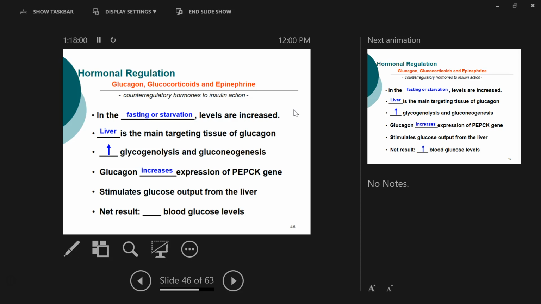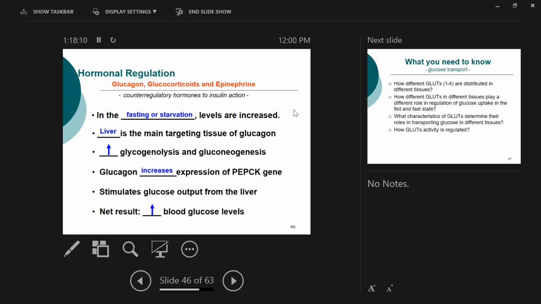Okay? So the net result in terms of blood glucose level when glucagon action is increased is to raise the blood glucose level, right? So now we have an answer, right? Why and how does our body raise the blood glucose level during fasting and decrease it during the fed condition?